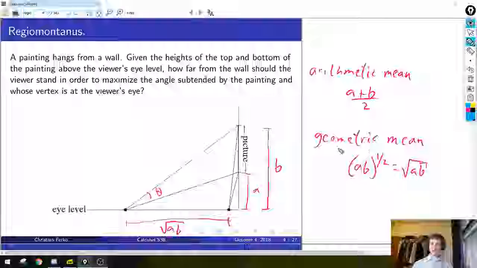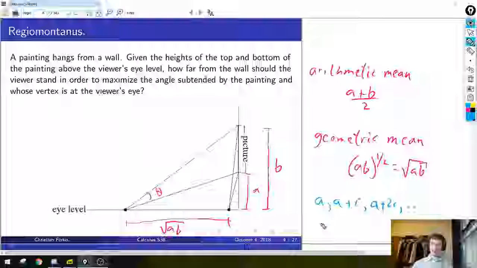So the reason people call this the geometric mean and this the arithmetic mean is related to arithmetic and geometric series, right? So if you have a series of numbers, say you start with a, and then the next number is a plus some other number r, and then the next is a plus 2r, and dot dot dot. This is called an arithmetic series because you add a term each time.